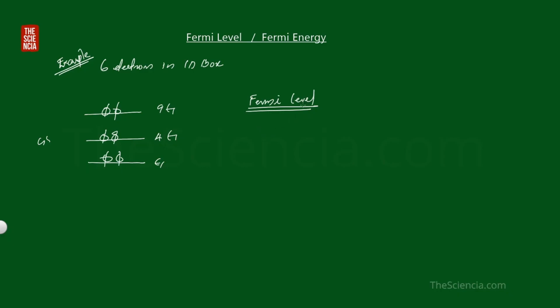Here Fermi level means it is about a level. That is, this one is one of the levels, this is the next level, this is the next level, right? So the level is 9E1. That is the last level occupied by an electron. That is the Fermi level. That is 9E1. Okay, the level in which the last electron is occupied is called the Fermi level. Here that is 9E1.